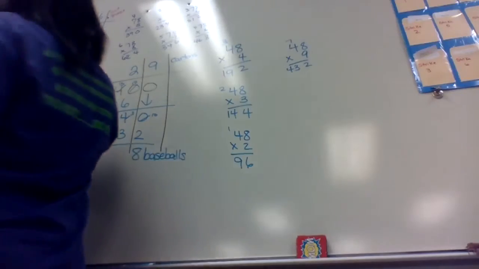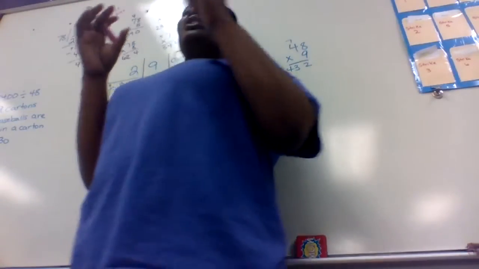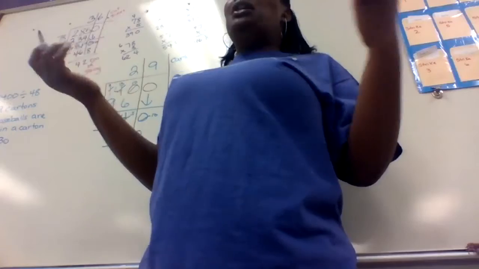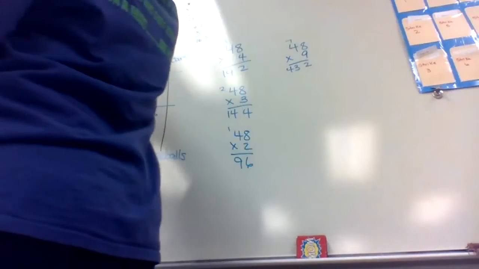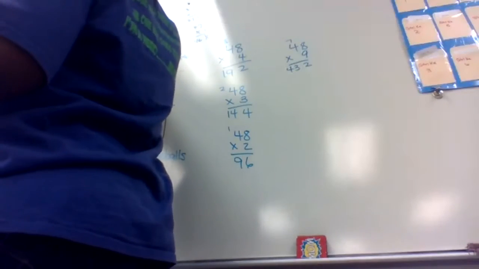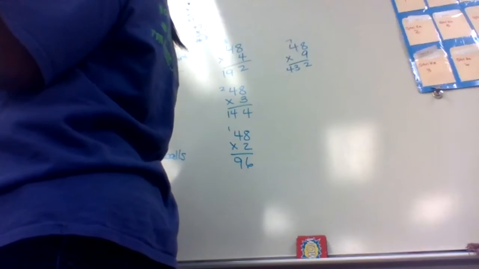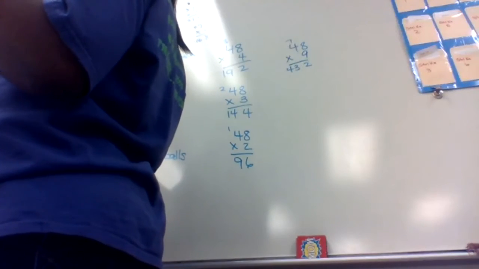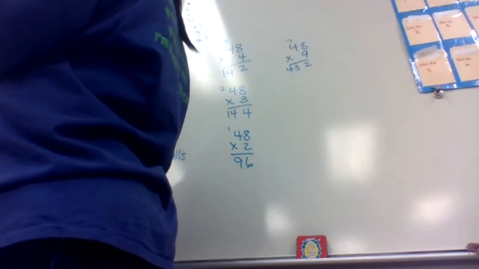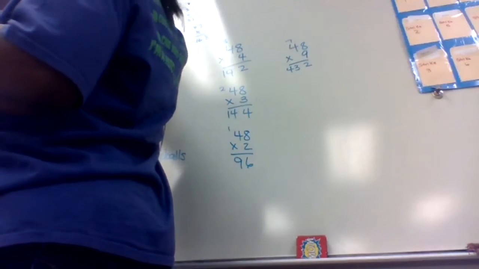So we don't have enough left to cut another piece. The question says, what is the greatest number of pieces he can cut? 36. Because this is not enough to make another 78. It's only 42 left. He wants to cut 78. We got 36 of those.